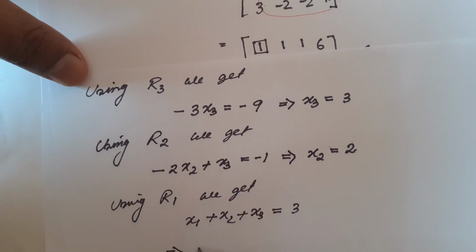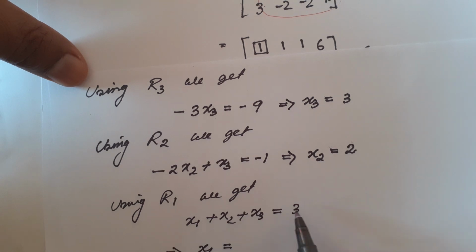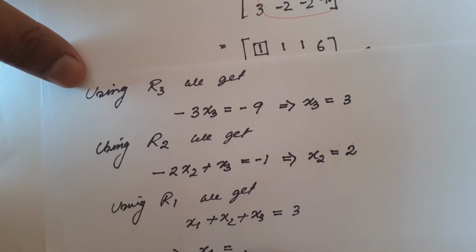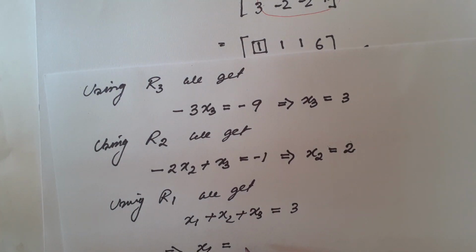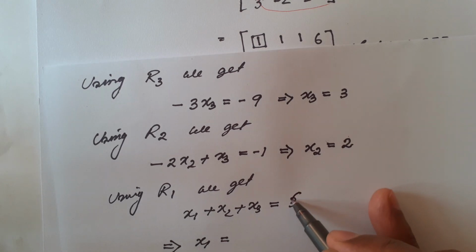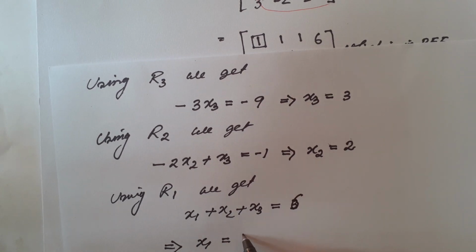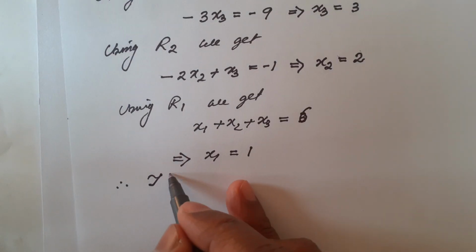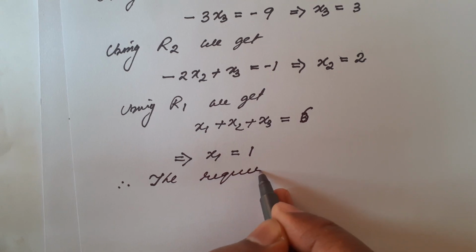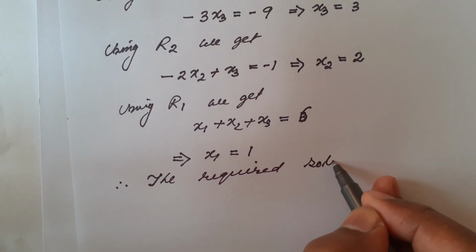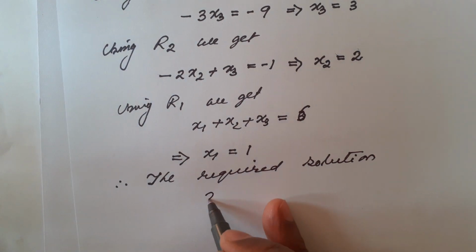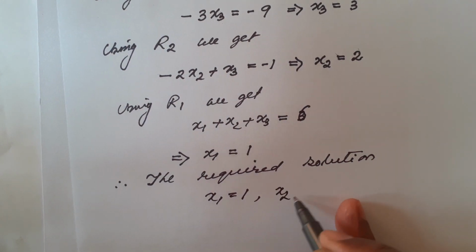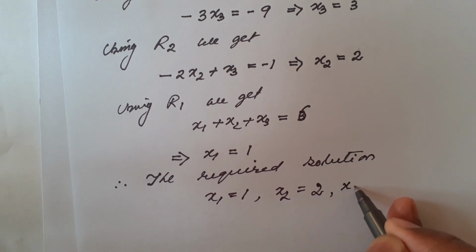This implies x1 is equal to, we have already noted x2, x3. Sorry, this is 6, not 5. So x1 is equal to 1. Therefore the required solution is x1 is equal to 1, x2 is equal to 2, and x3 is equal to 3.